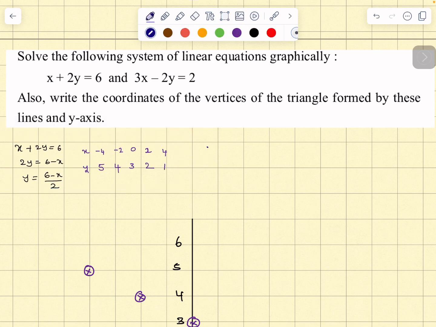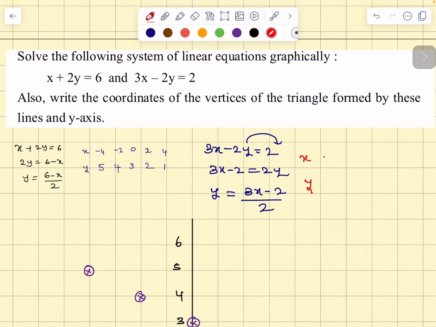Now take the next equation, 3x minus 2y equal to 2. Take the 2y to this side and the 2 to the other side, so y equal to 3x minus 2 by 2. Now you put the values of x and y.